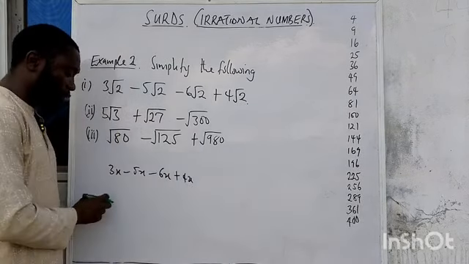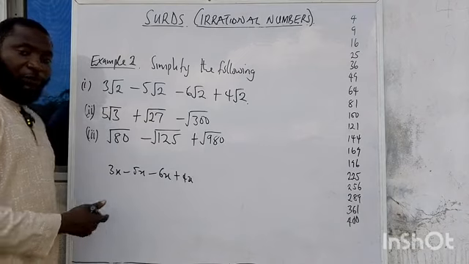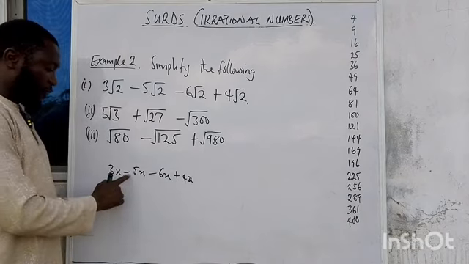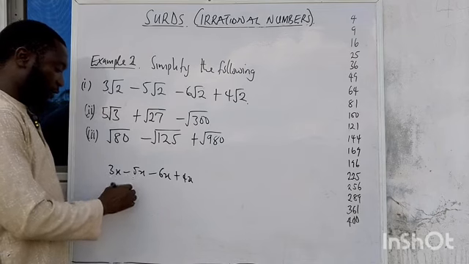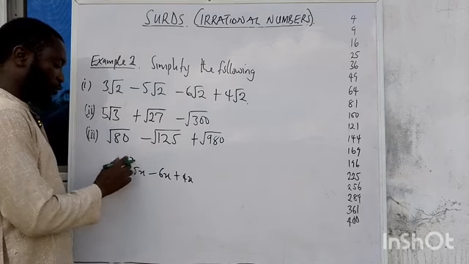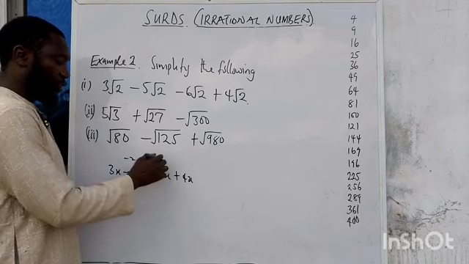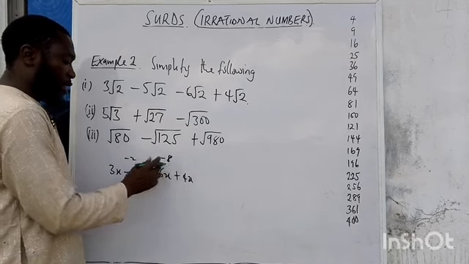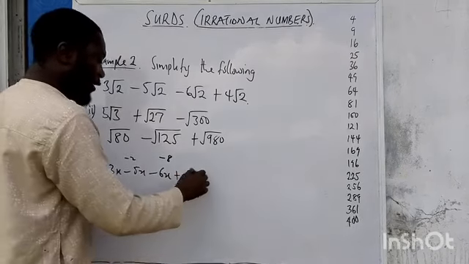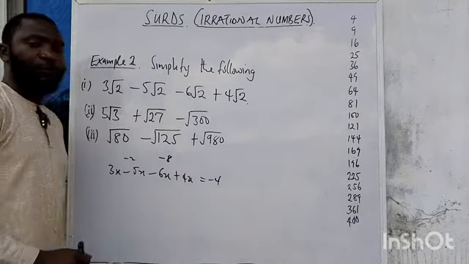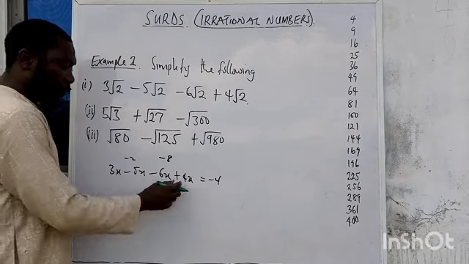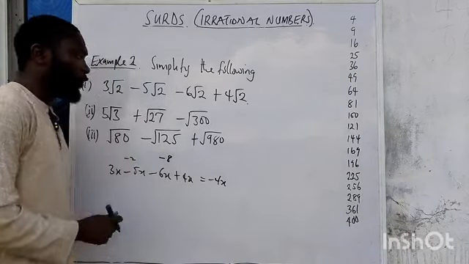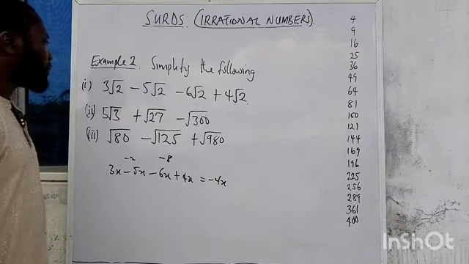When you are adding this, your result will be in the form of x. 3 minus 5, that is minus 2. Minus 2 minus 6, that is minus 8. And minus 8 plus 4, that is negative 4. But in terms of what? In terms of x. So the same way we work with surd.